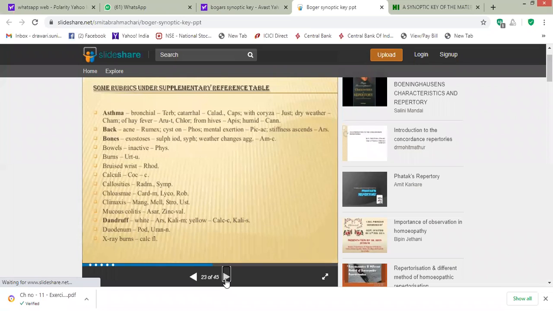So some examples are given, and it is also arranged alphabetically. So some examples, that is asthma, back, then bones, all the rubrics related to bone in the synopsis part, it was mentioned here. Then dandruff, bowel, burn, bruised wrist, then calculi, callosities, climaxis, mucous colitis, duodenum, X-ray burns.